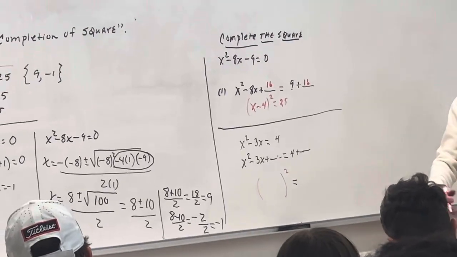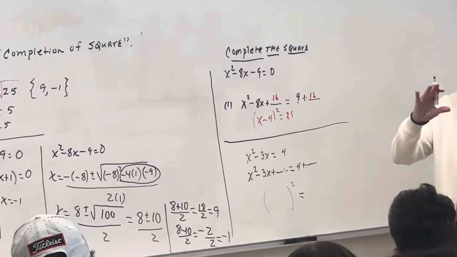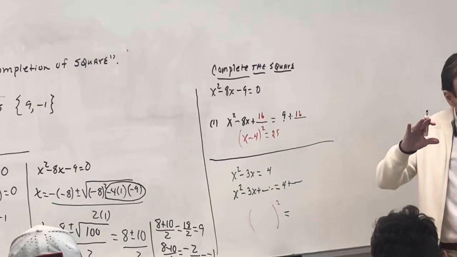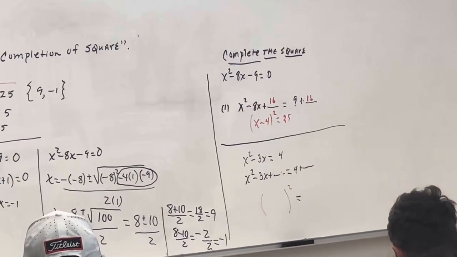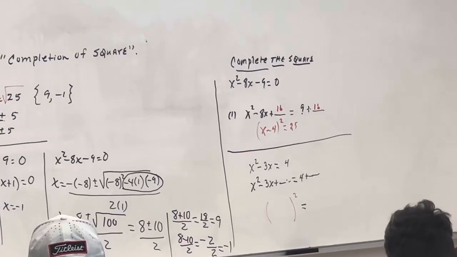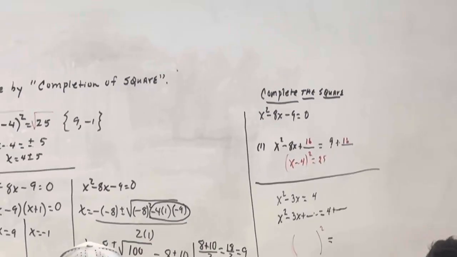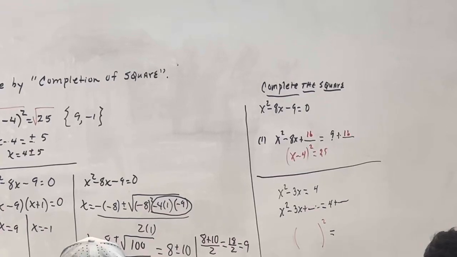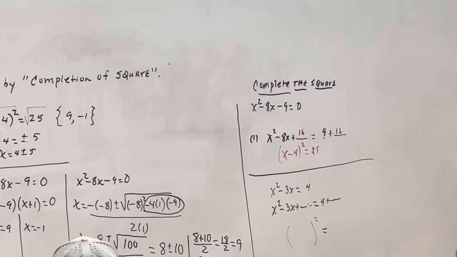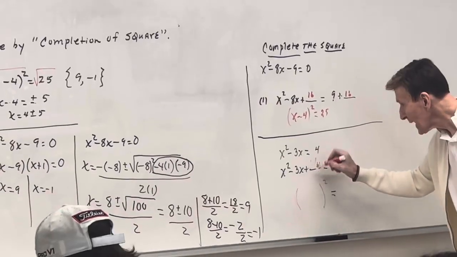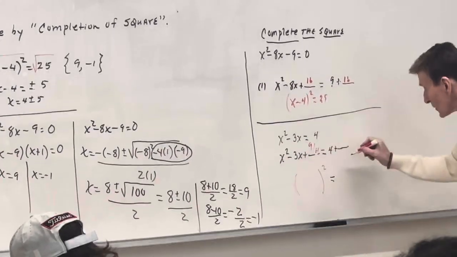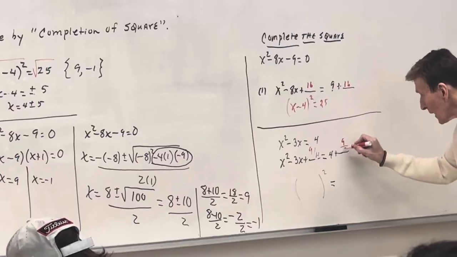I was just randomly putting numbers there, and all of a sudden, out of the blue, he said, Professor, put a 9 over 4. I'll put it on this side also.